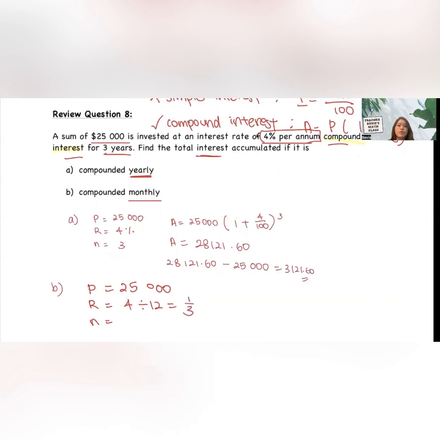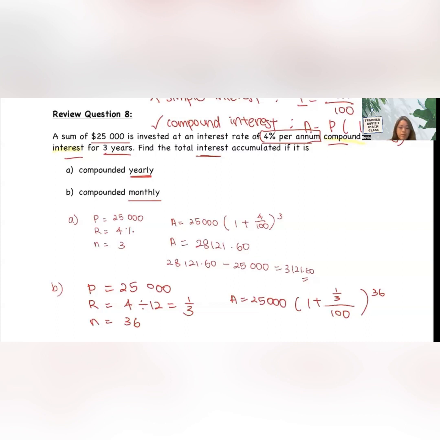Okay, and for the interest periods, 1 year, there are 12 months. So 3 years, there are 36 months. Okay, so same thing. I'll put all this inside my formula. A equals to 25,000 times 1 plus R, it's 1 over 3 over 100 to the power of N, which is 36. Okay.